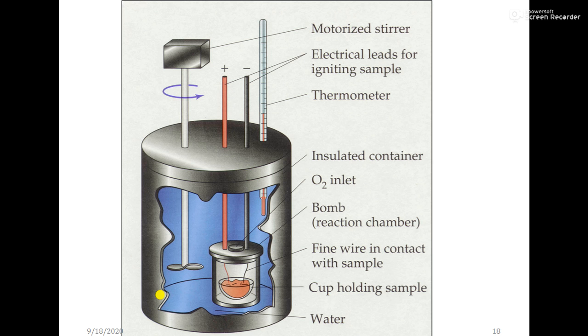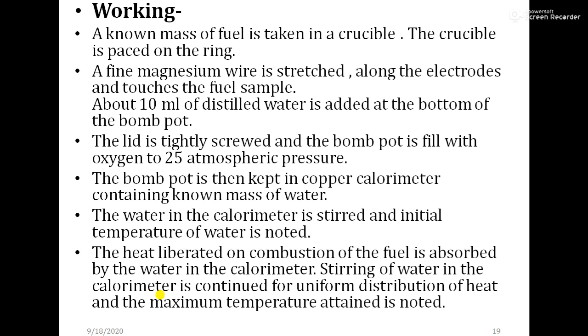Then the working of the bomb calorimeter. You can see first a known mass of fuel is taken in a crucible. The crucible is placed on the ring. A fine magnesium wire is stretched along the electrodes and touches the fuel sample.